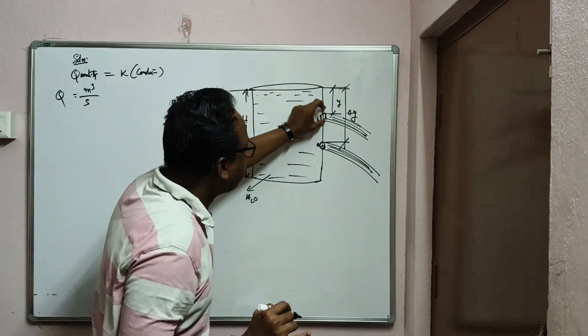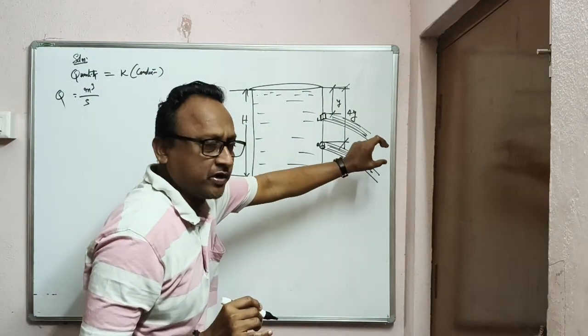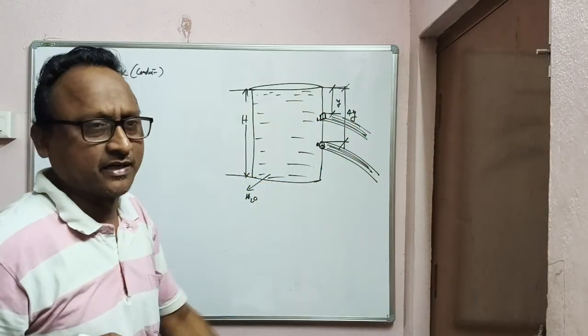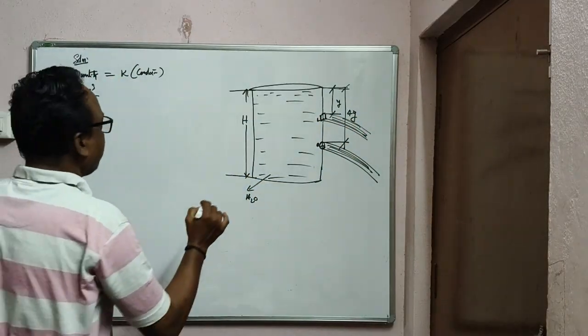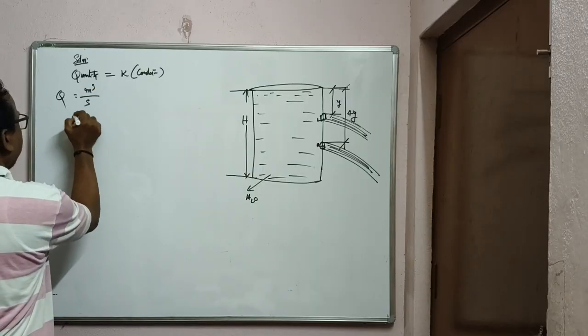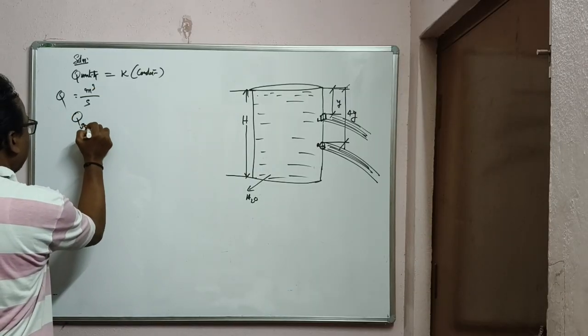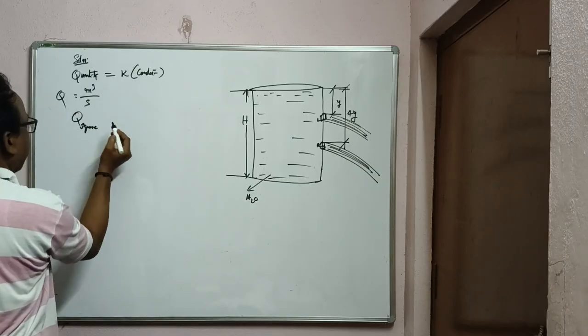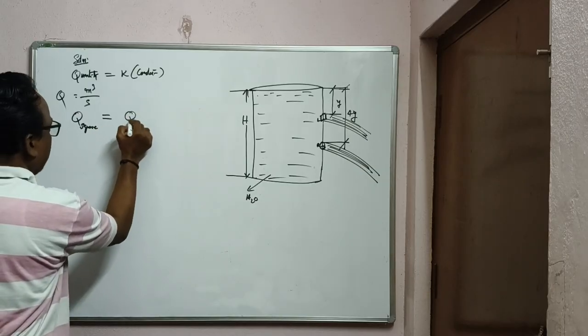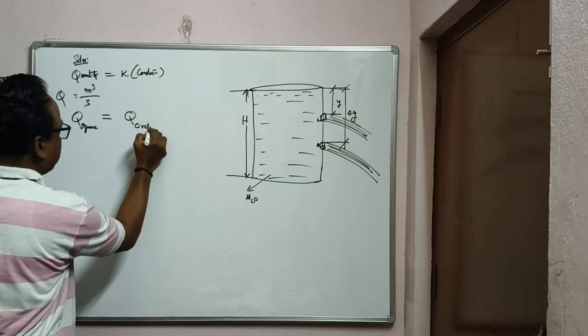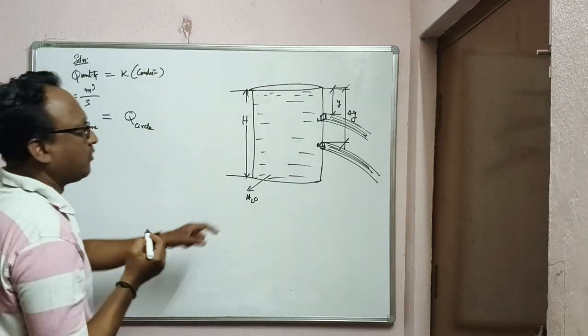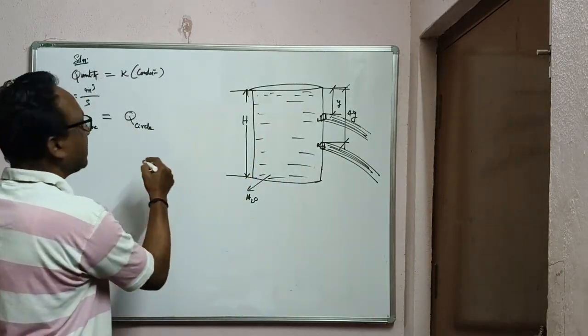Whatever volume per second of fluid comes out from the square hole is the same as what comes out from the circular hole. Are you following? So whatever quantity is coming from the square, in meter cube per second, is equal to the quantity coming from the circular hole. How to calculate the quantity? Volume per second.